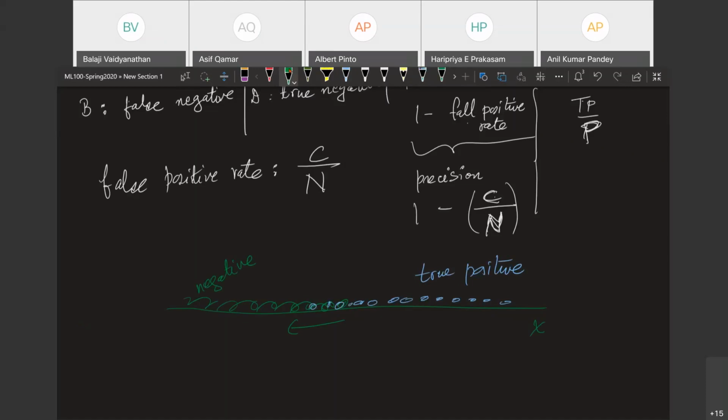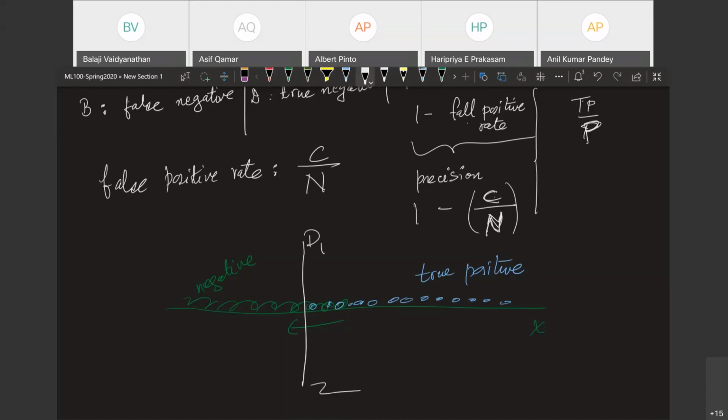So what is one way, let us look at it, what is one easy way not to miss any of the positive cases? If I put my decision boundary here, let me call this decision boundary D1. Do you notice that I capture all the positive cases in this picture, right?